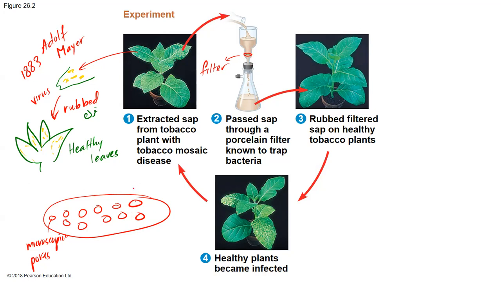Okay? So the liquid sap will be moving through the pores. But if there is bacteria in the sap, the bacteria is bigger than the pores, and the bacteria will be trapped on the surface of the filter. Okay, so this is the filter.